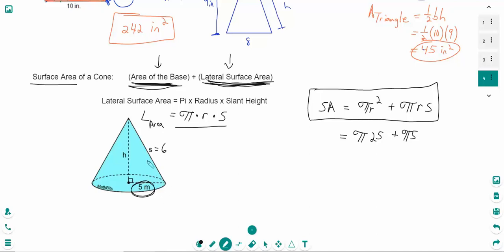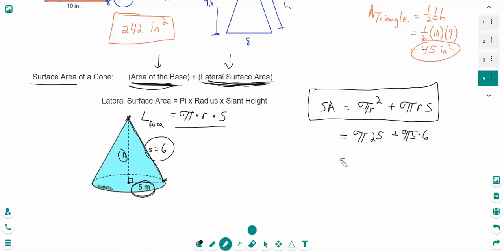That's something that they will have to give you in the problem. And remember, this s is just the slant height. It's the length of this line. I know I keep saying it, but it's important to remember that's not the same thing as this height. That's a different thing altogether. We're looking at the length of this side. So we have times r times that slant height, which is 6.